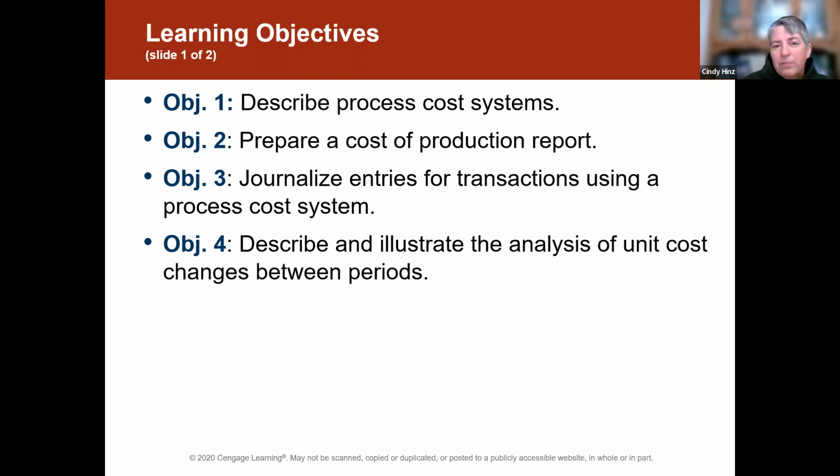So we'll talk very briefly about process cost systems, but we really have already explained in Chapter 16 why a company might use a process cost system in the first place. We'll be preparing the cost of production report, and I already showed you in the reference materials folder that I've created an Excel version of that, which I find very helpful to organize our thoughts and the numbers, rather than trying to put together a format on our own.